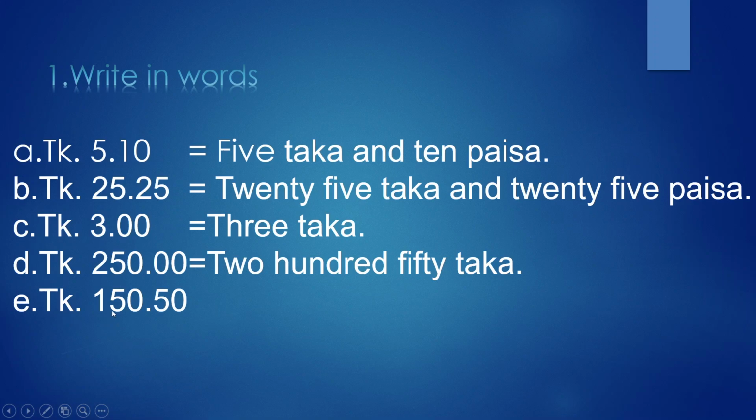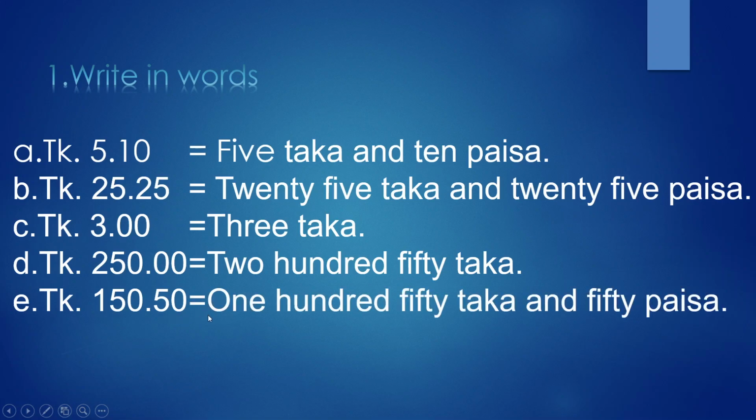Number E. 150 taka and then 50 paisa. So we are going to write this as 150 taka and 50 paisa. So in summary, what rules do we follow to write this?